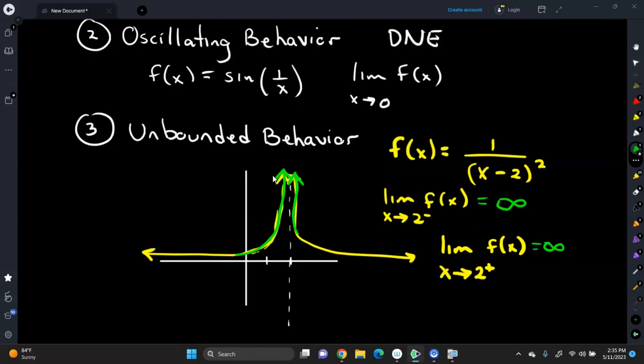But it's approaching infinity, and infinity is not a real number, okay? Infinity is a behavior. So if it's approaching infinity, just think about the words. How can we have a limit? It's not approaching a finite number. It's not approaching a number that we can identify as a number.